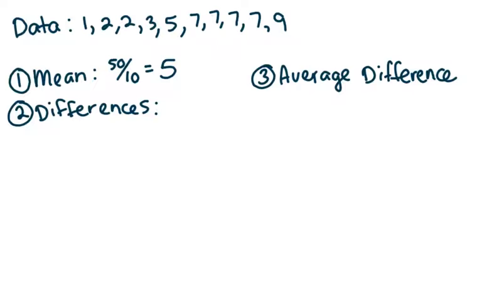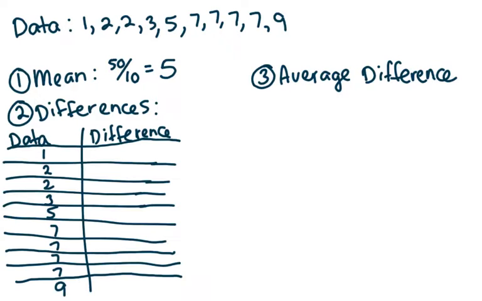Now we're going to calculate the differences. What I've done here is create a table, my personal favorite method to organize finding the differences for the data. Pause, take a moment, and find all the differences for this data. The difference of 5 and 1 is 4.